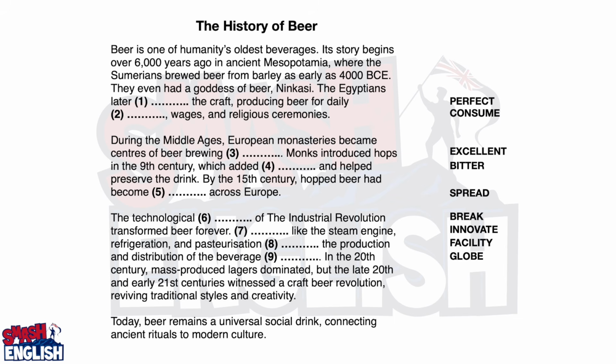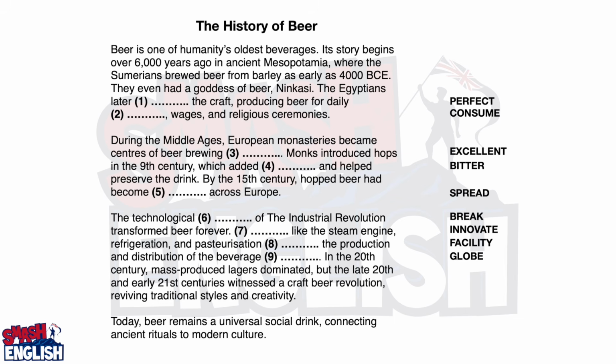The history of beer. Beer is one of humanity's oldest beverages. Its story begins over 6,000 years ago in ancient Mesopotamia, where the Sumerians brewed beer from barley as early as 4000 BCE. They even had a goddess of beer, Ninkasi. The Egyptians later the craft, producing beer for daily wages and religious ceremonies. During the Middle Ages, European monasteries became centres of brewing.